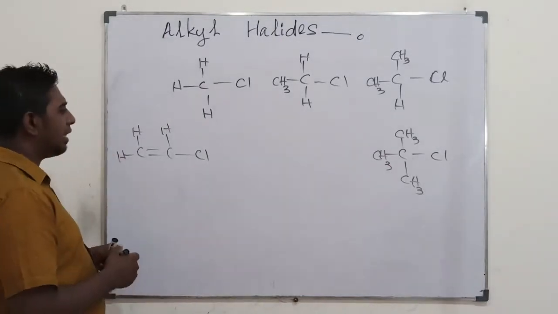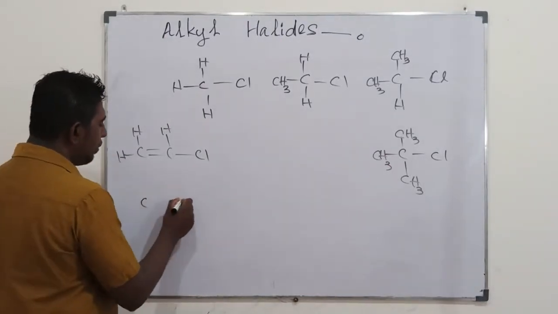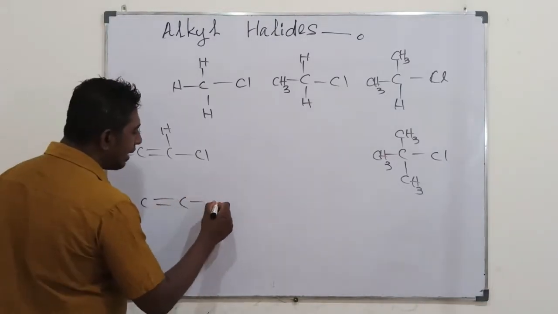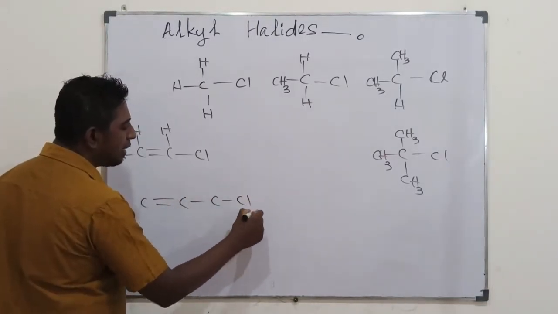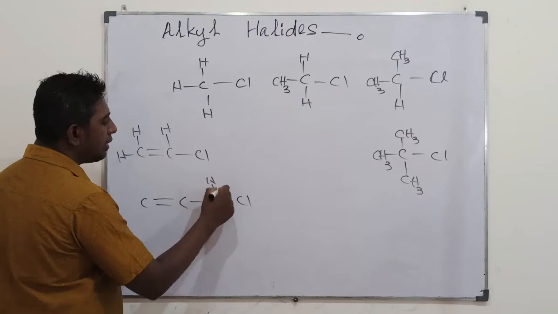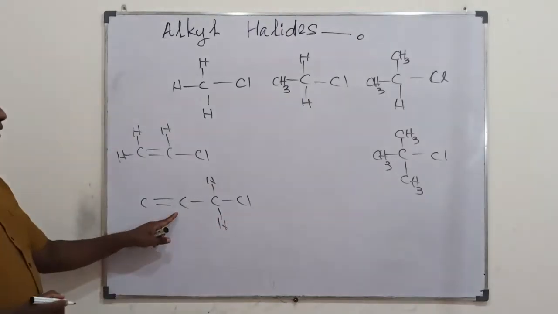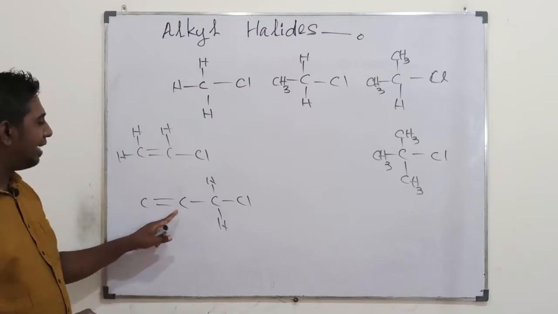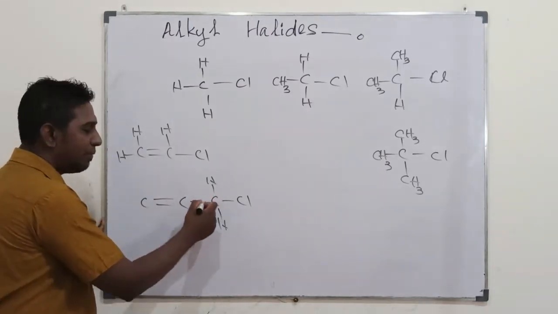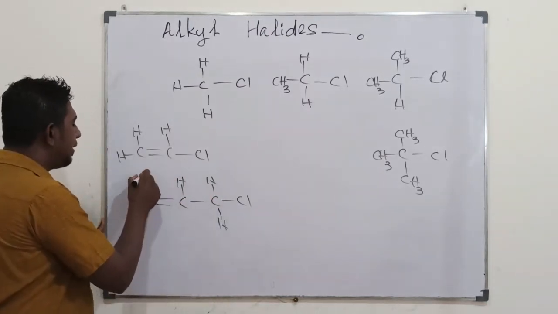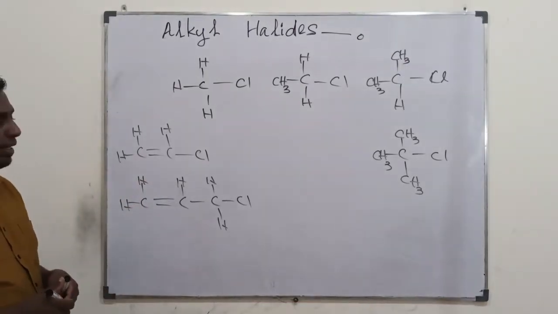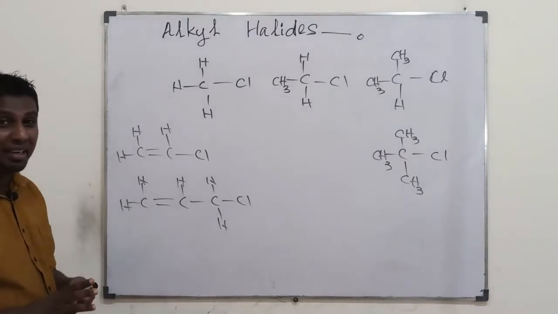Then I will take another, where you have a carbon-carbon double bond and another carbon carrying the chlorine. The halogen atom is not straightly on the carbon-carbon double bond. It's on the atom here. So this is another different one. Then taking another, shall we talk about the benzene ring?